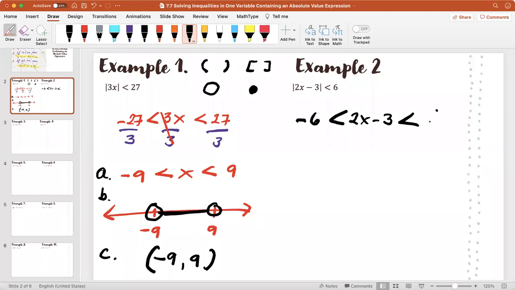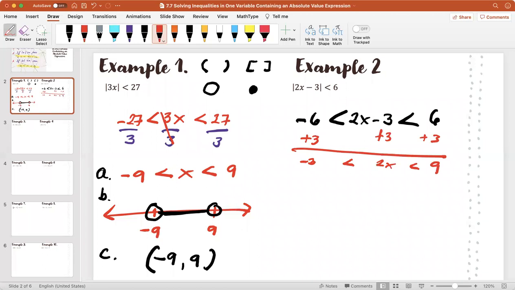Negative 6 and 6. And then you solve for x. You'll have to add 3 to all three parts, not only the middle, but the left and right sides. So this will be negative 6 plus 3, negative 3 less than 2x less than 9.